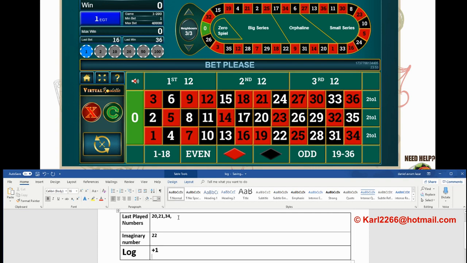Okay, so what do we do now when we have 34 and logarithm +1? We make 34 + 1 is 35. So we will have a new imaginary number, which is 35. What do we do now when we have imaginary number 35? So we go place bet on terminals from 35, which are 30 and 28.